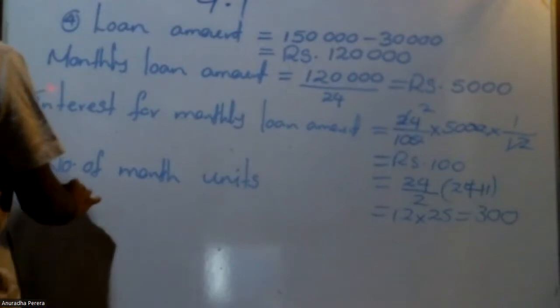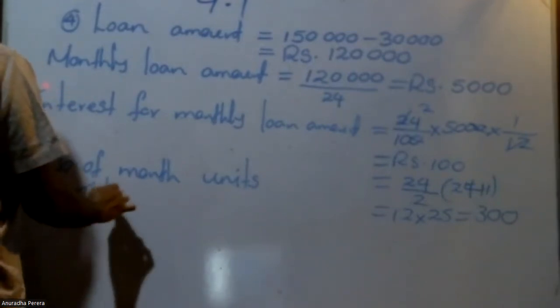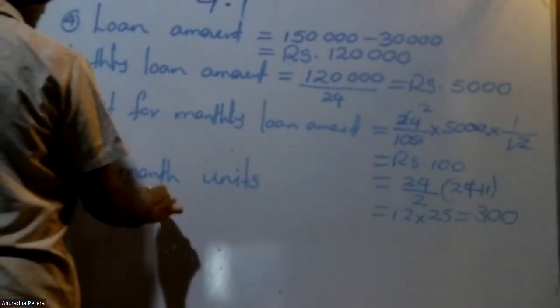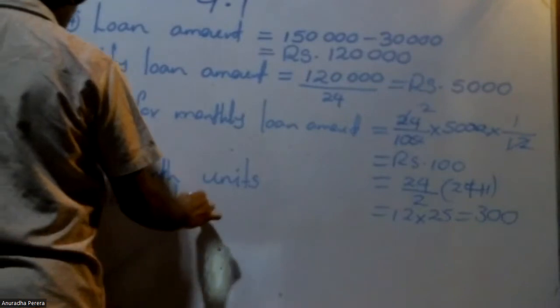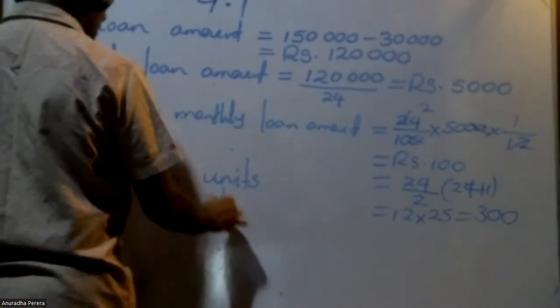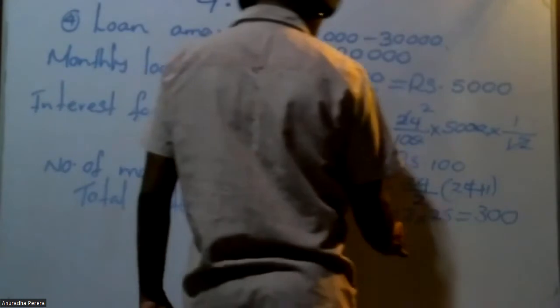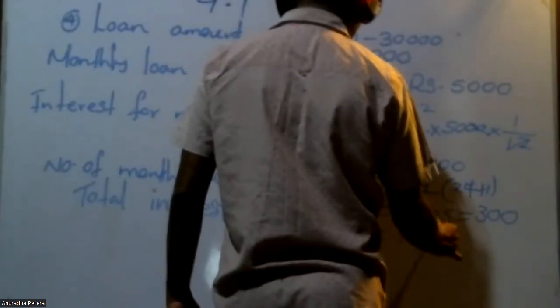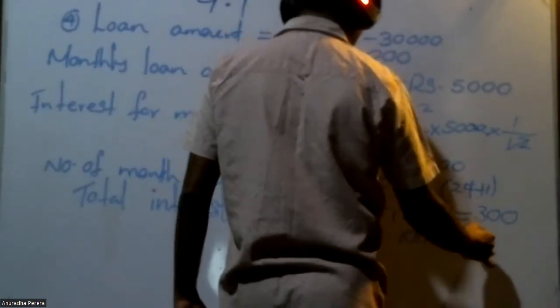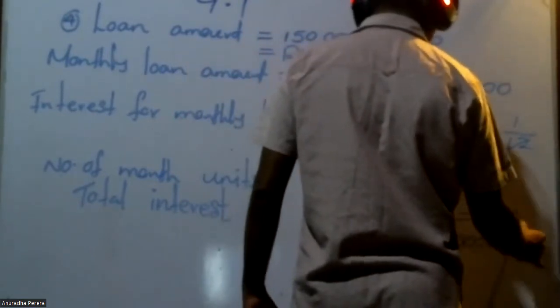Then total interest, multiply in 30,000.